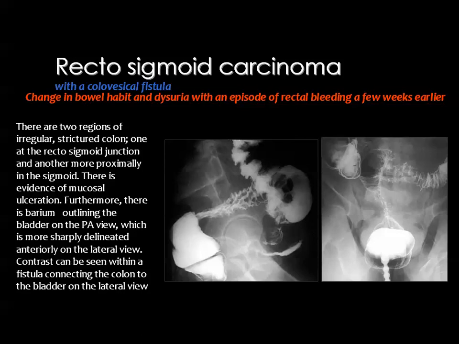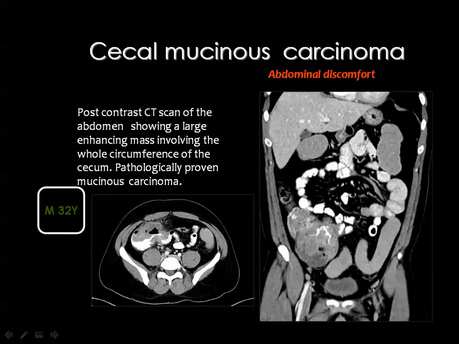Sometimes it's better seen by CT scan, and you see barium is going outside the colon into the region of the urinary bladder. This is a carcinoma of the cecum, and you see a big mass infiltrating the cecum, compromising the lumen.